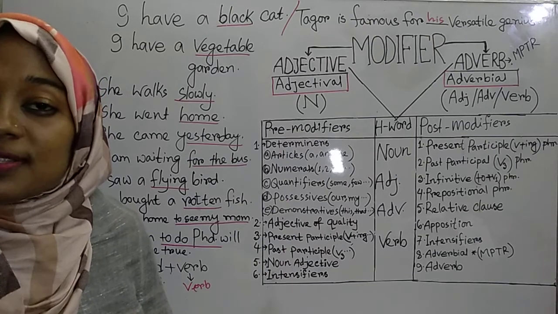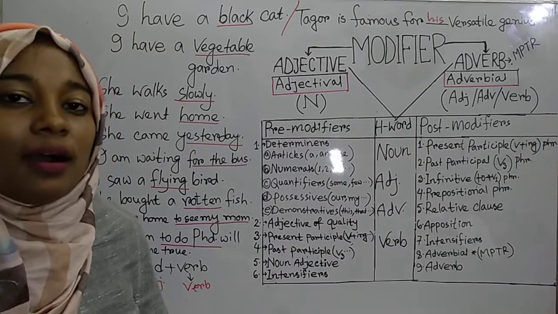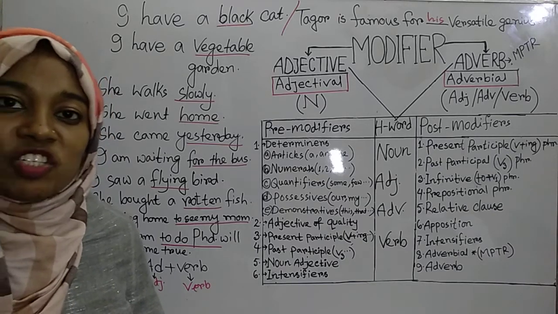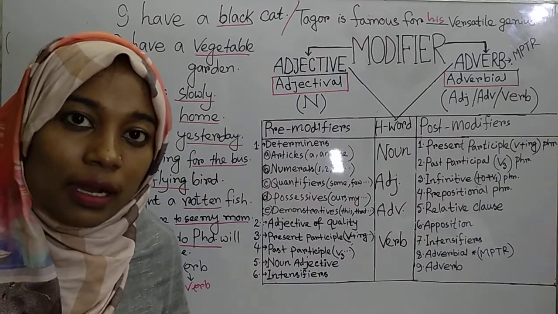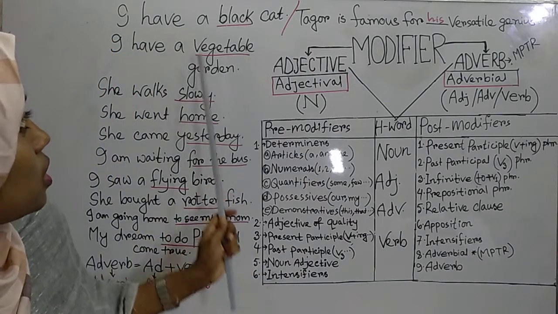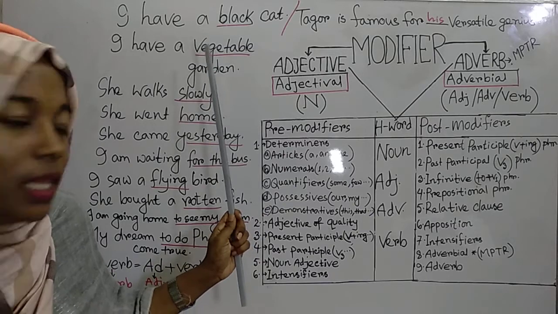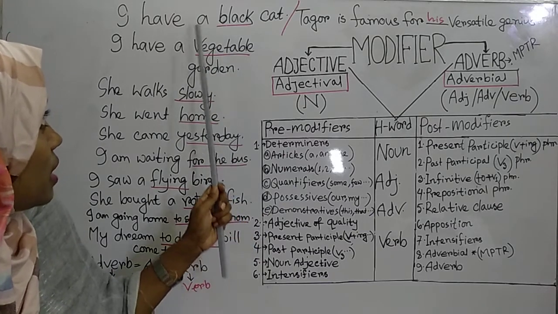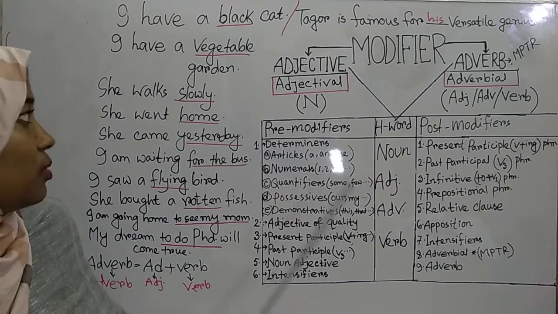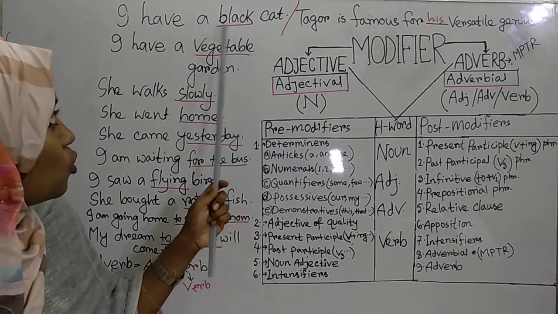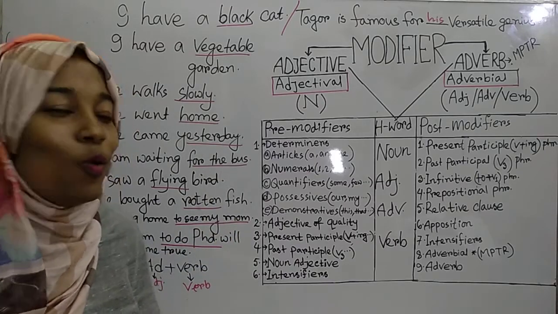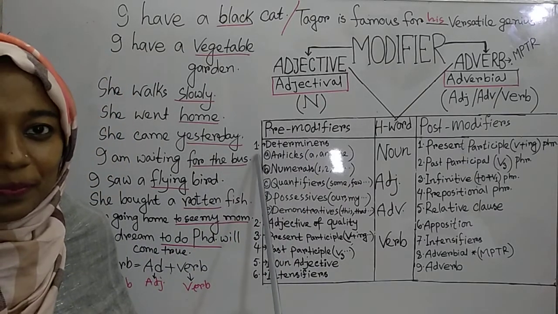Now, what is noun adjective? A noun adjective is a noun which is used in a sentence as an adjective. Here, the word vegetable is a noun adjective, and it has been used as the pre-modifier of the noun. Now, what is pre-modifiers?